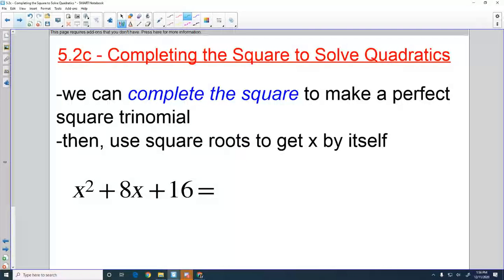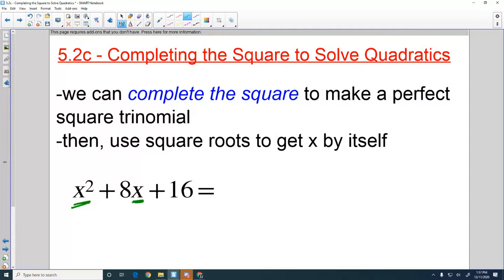If I look at that quadratic equation at the bottom of the screen, we've got x squared plus 8x plus 16. Because there's an x squared term and an x term, I can't just solve it using basic algebra 1 cancellation, because x squared and x represent two different values, and I can't combine them just by subtracting or dividing.